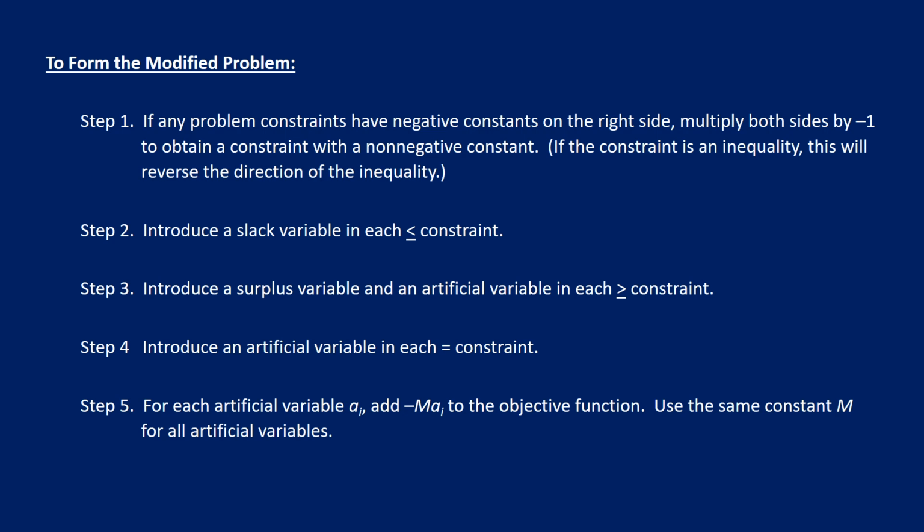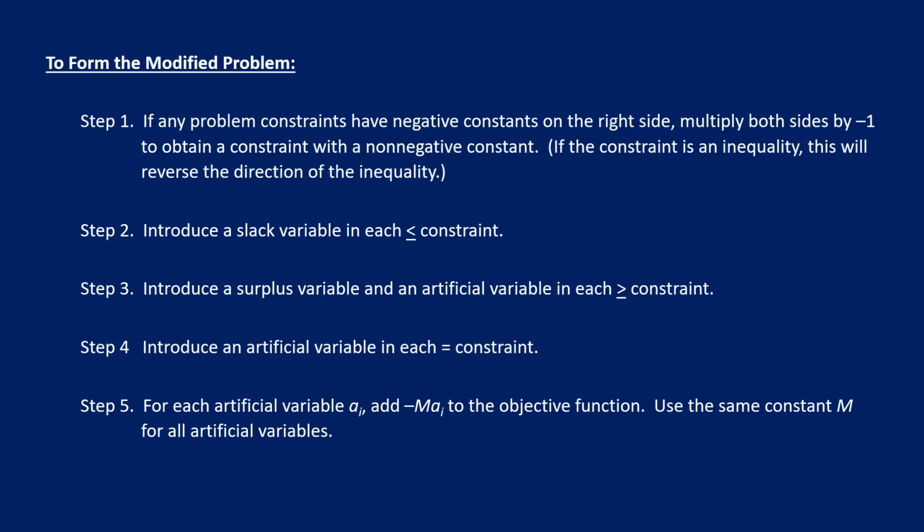To form the modified problem, first we have to make sure that any problem constraints that have negative constants on the right side get multiplied on both sides by -1 to obtain a constraint with a non-negative constant. So if the constraint's an inequality, that's going to reverse the direction of the inequality. Next, in any less than or equal constraint, we add a slack variable.